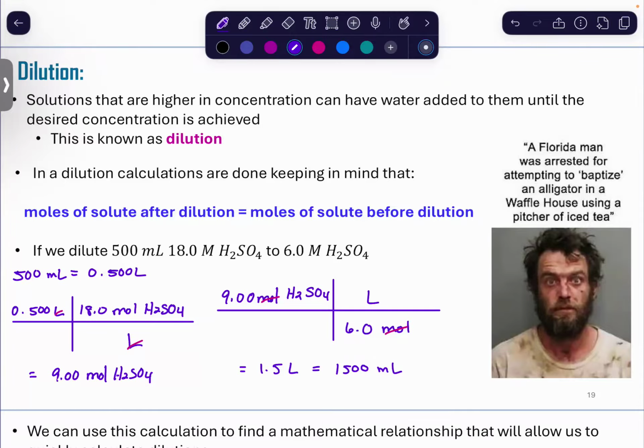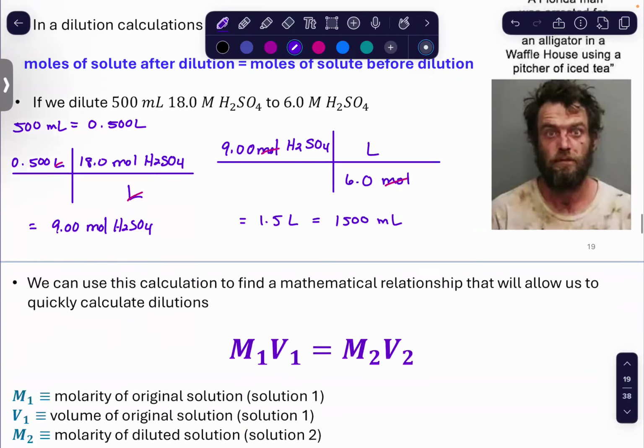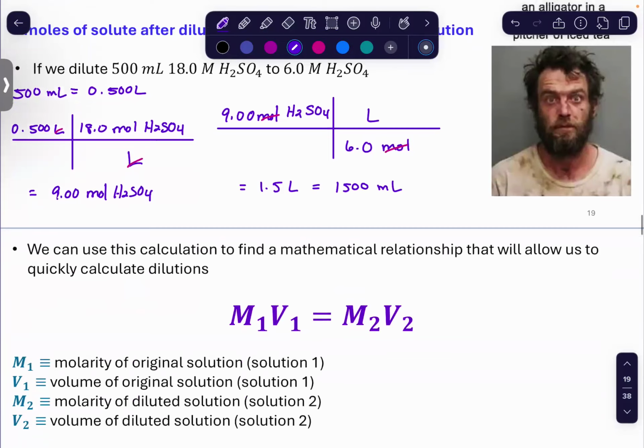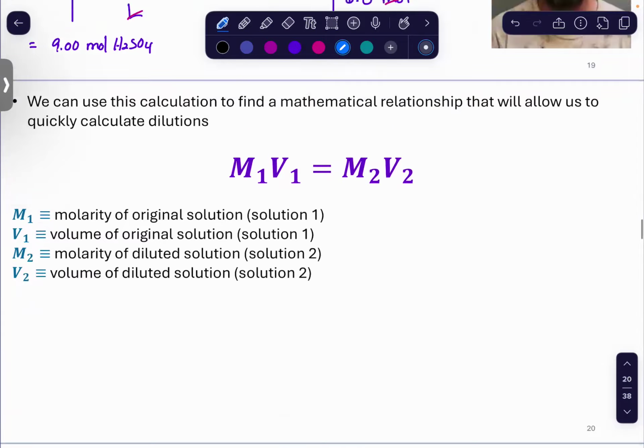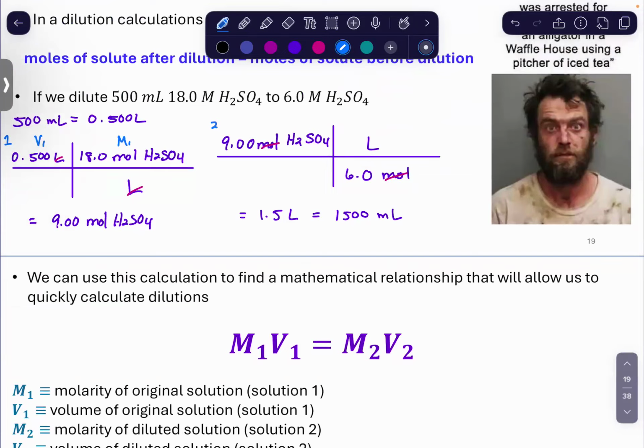Now, what we can do is we can use this calculation to find a very important mathematical relationship that we're going to use. So if we label these, this is calculation one, this is calculation two. This is going to be volume one times molarity one, and then we're going to take again M1V1, and then we're going to divide that by molarity 2.